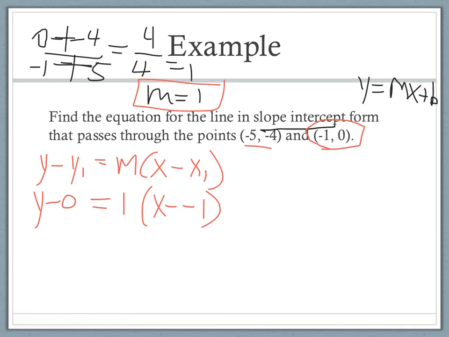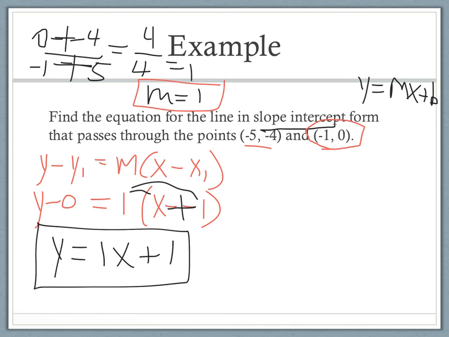Okay, right away when I see that, I'm going to go ahead and make this a plus, so I don't forget to do that. Okay, now let's just clean this up. Okay, y equals, and then distribute, 1x plus 1. And there is my final answer because it is in slope-intercept form.